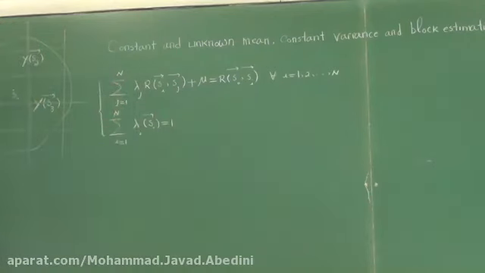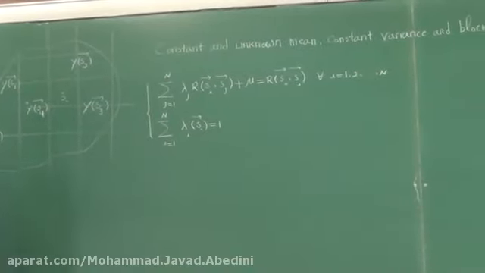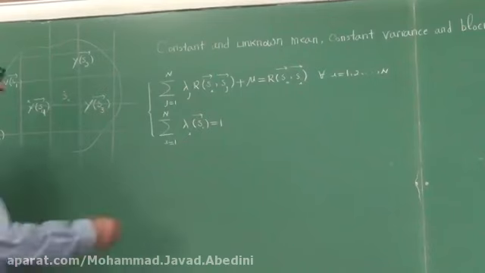This is your kriging system in terms of covariance function for the case when your mean is constant and unknown, your variance is constant and your estimation is pointwise. You could write your kriging system in terms of variogram as well.